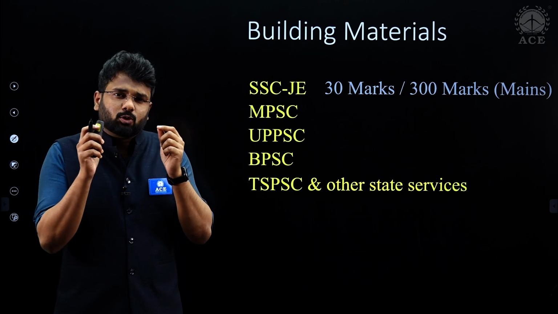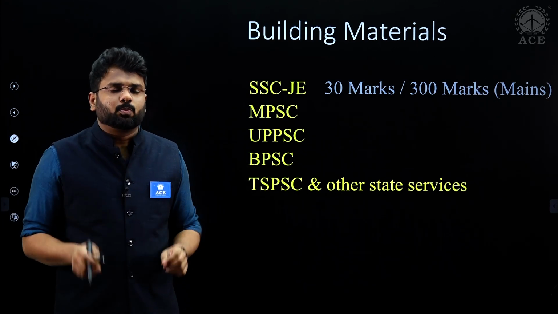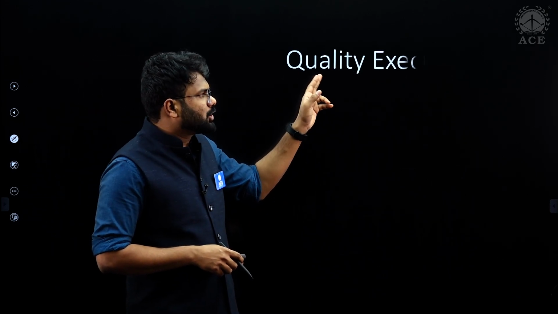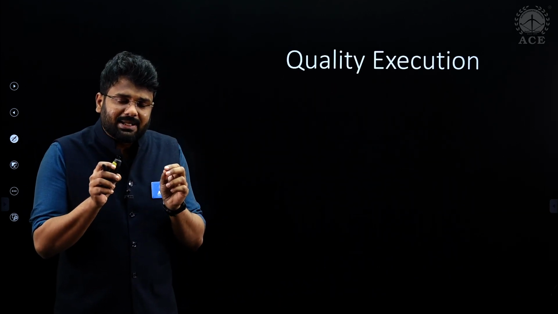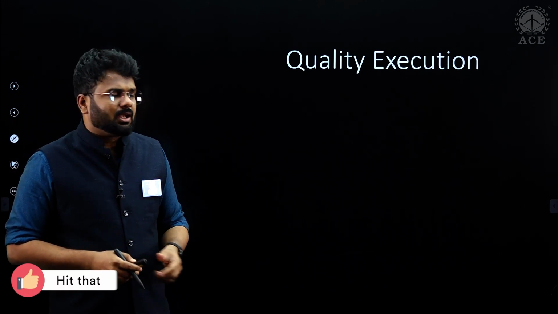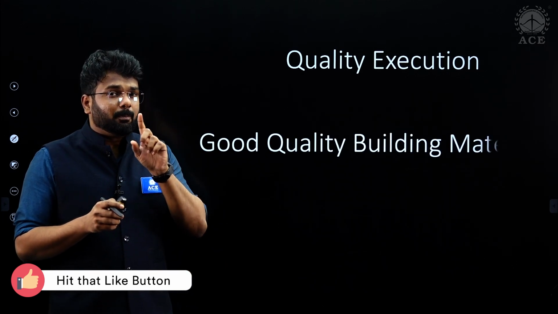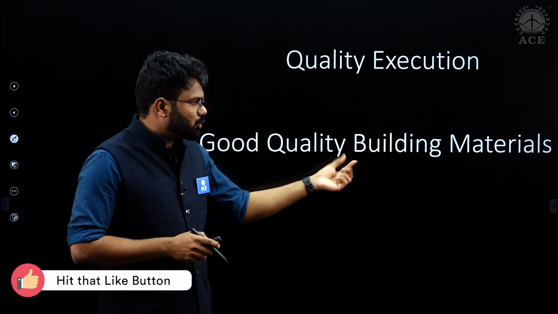Because when you enter into the service, most of the time, your job is to supervise the quality execution at site. Quality execution as per specification in the contract. Major part of this quality execution is the quality of building material which you have to use.